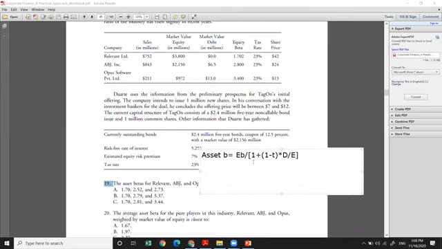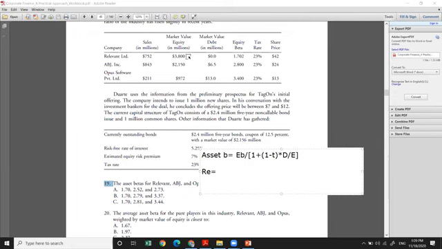So asset beta is equal to equity beta divided by 1 plus 1 minus tax times debt equity ratio. We need to calculate the asset beta for each firm: Relevant, ABG, and Opus. For Relevant, we are just going to substitute the numbers.